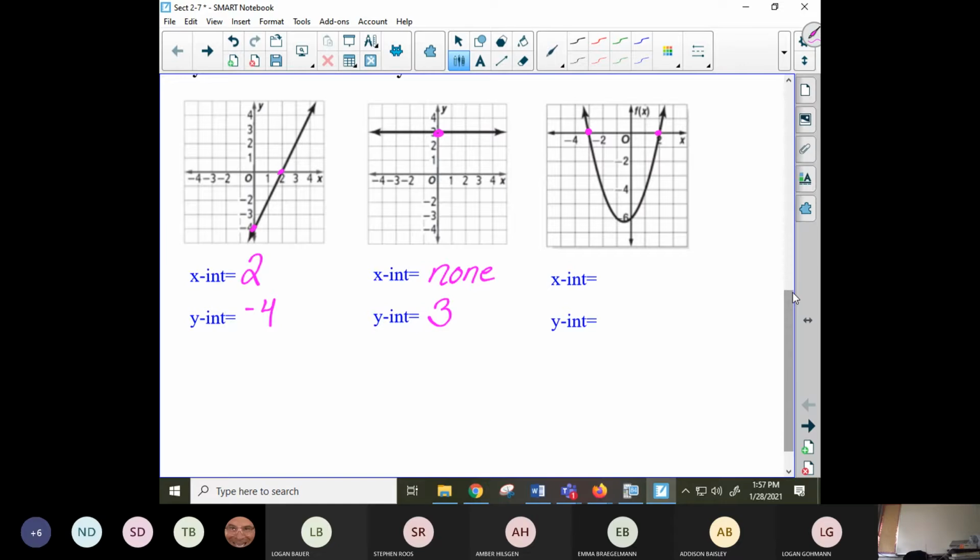This particular one has 2 x-intercepts. There's one in between -2 and -4, so that would be -3. The other one is at 2. And my y-intercept is right here, and that is at -6.